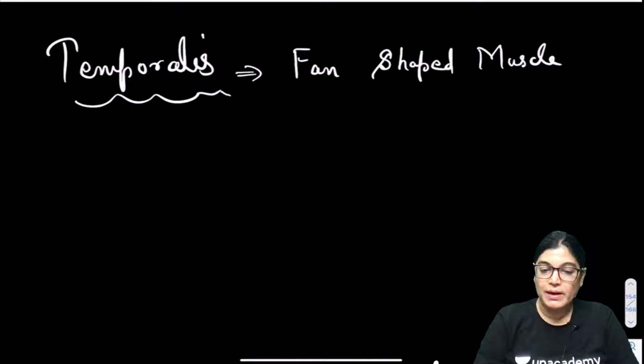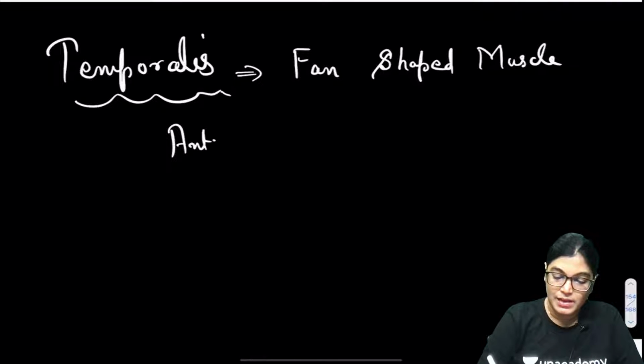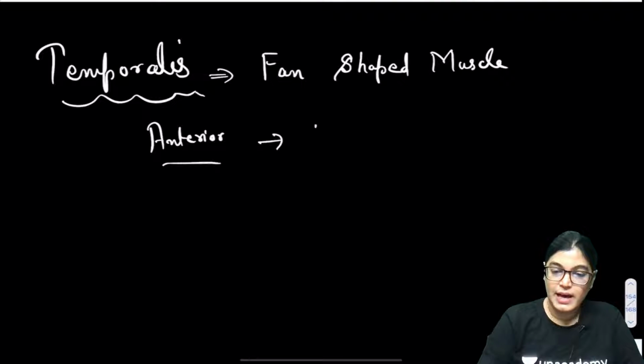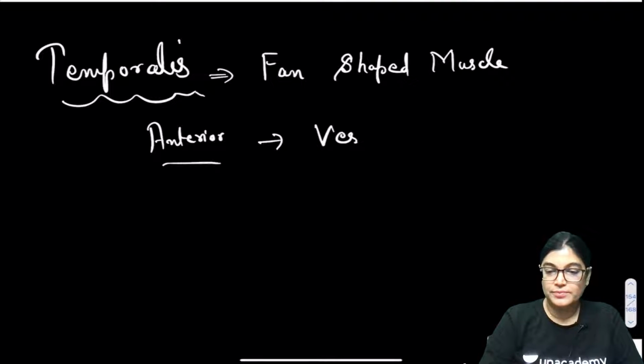It is a fan shaped muscle and its anterior fibers are directed or oriented vertically.